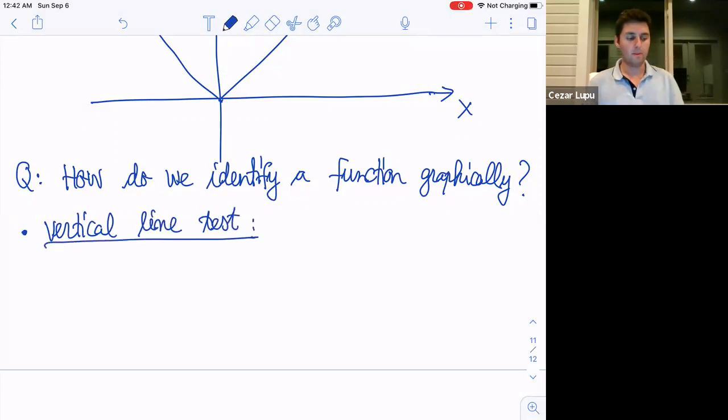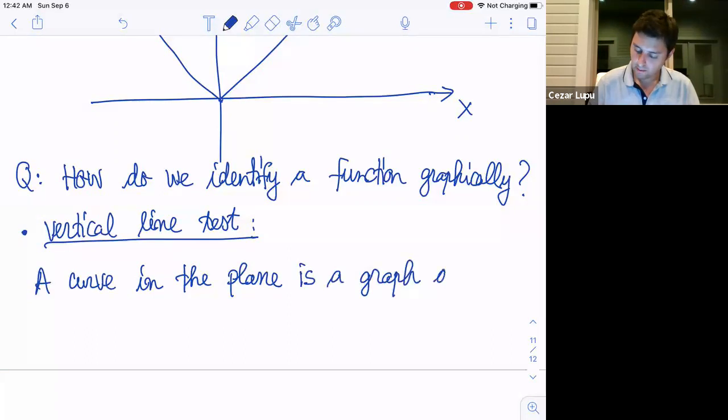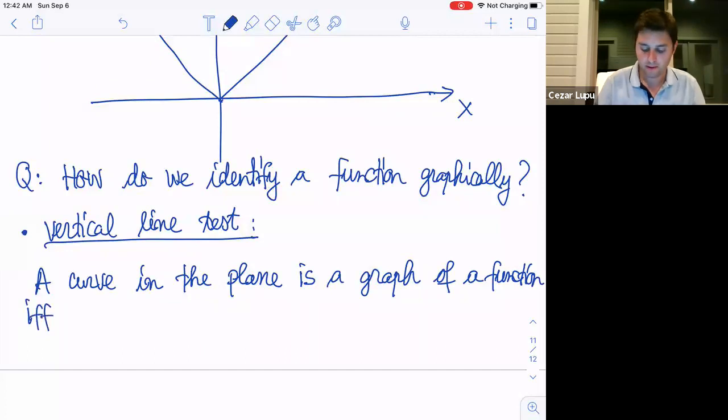And what is this about? Well, a curve in the plane is a graph of a function if and only if, so I'll write like this, this guy is if and only if from now on.